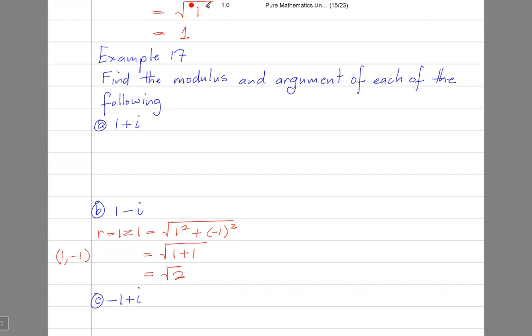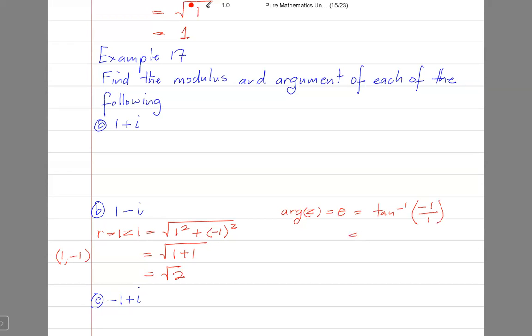Because it's the fourth quadrant, the argument of z, which is theta, is equal to tan inverse of the imaginary part, minus 1, over the real part, which is positive 1.